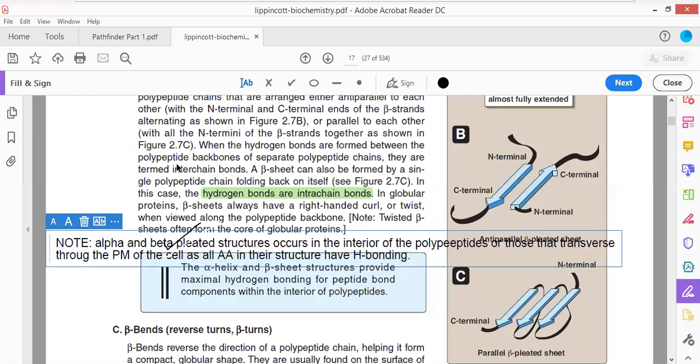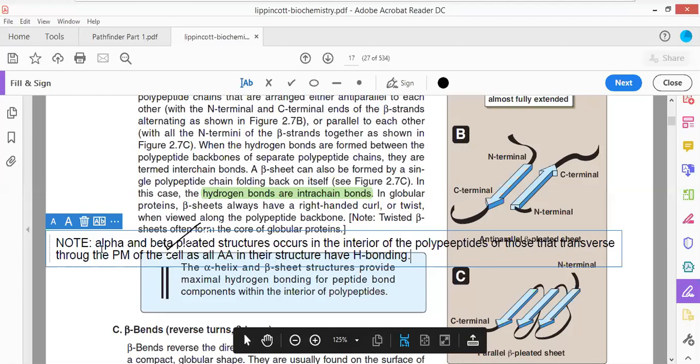Now all the amino acids which are present, all these amino acids have hydrogen bonding in their structure.